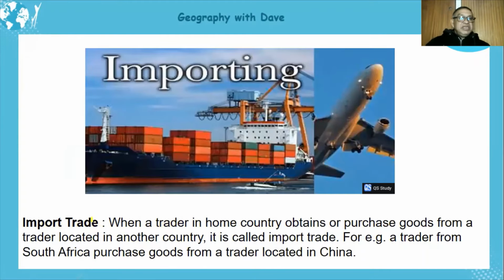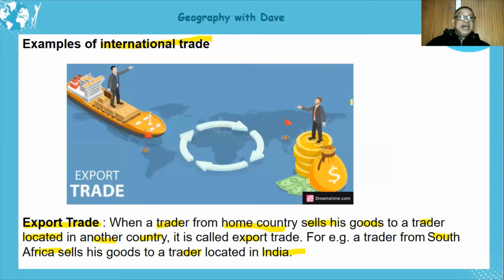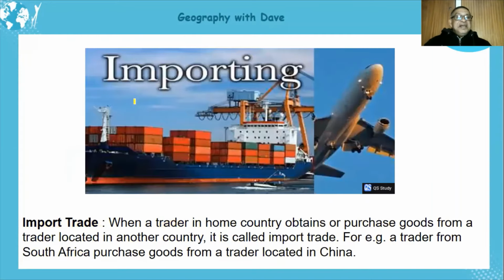Then importing. There's our South African bringing the goods. There's our other country paying the money. Import trade is when a trader in the home country obtains or purchases goods from another trader located in another country.